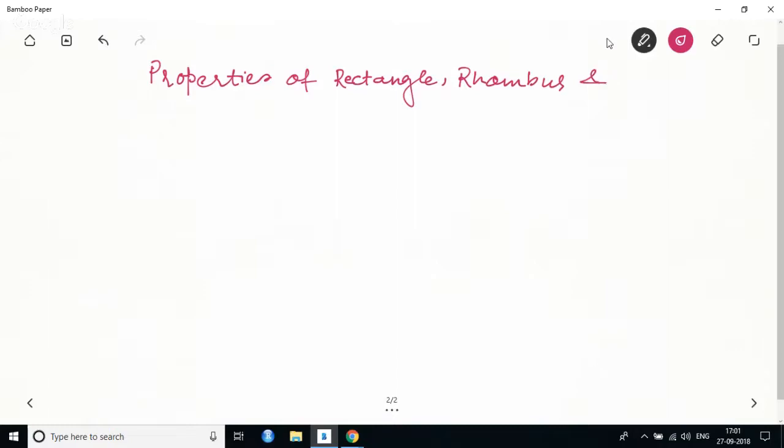Now let me move to properties of rectangle, rhombus, and square.